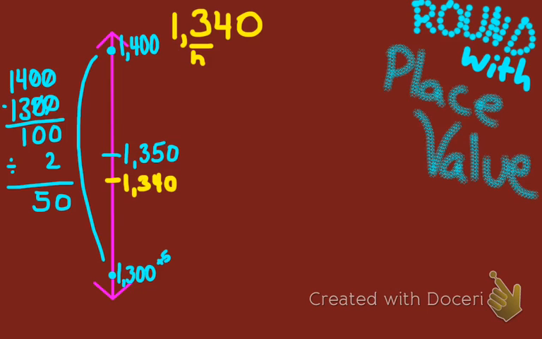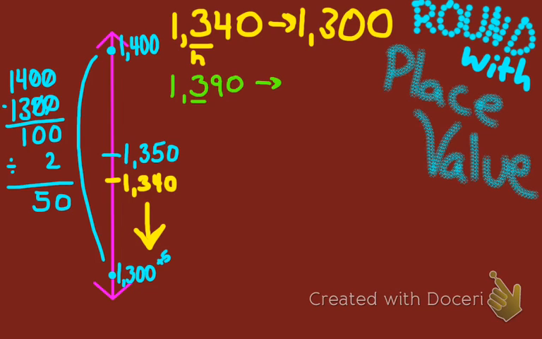That means it's a lot closer to 1,300. Our main goal is to figure out whether 1,340 is closer to 1,300 or 1,400. In this case, it's closer to 1,300, so we're going to round this number to 1,300.